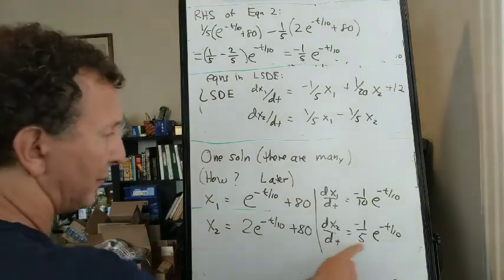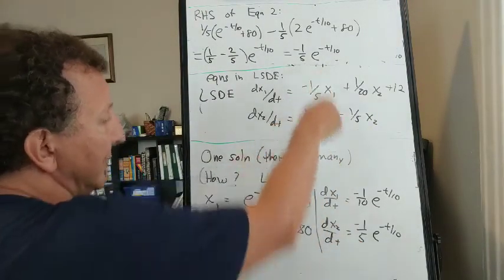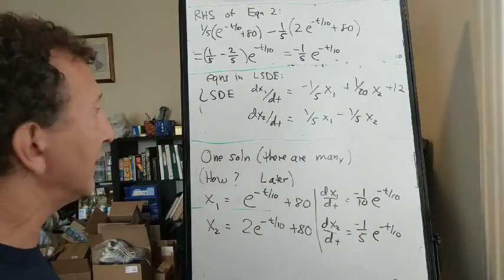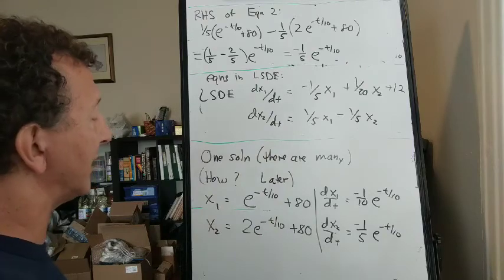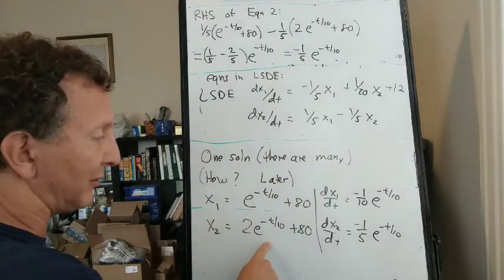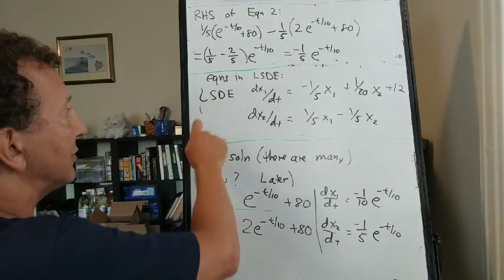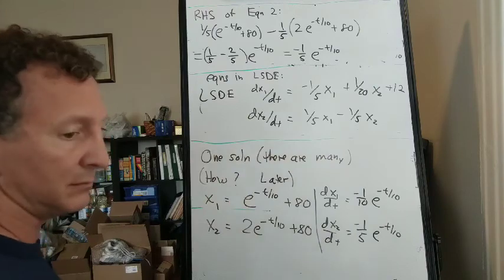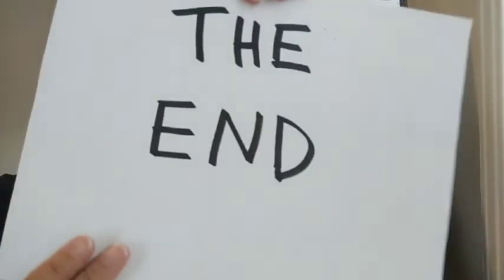Which is what we wanted, because dx2 dt is negative 1/5 e to the negative t over 10. So it looks like our solutions satisfy that second equation also. Therefore, x1, x2 given by these two functions is indeed a solution of the linear system of differential equations given here. The end.